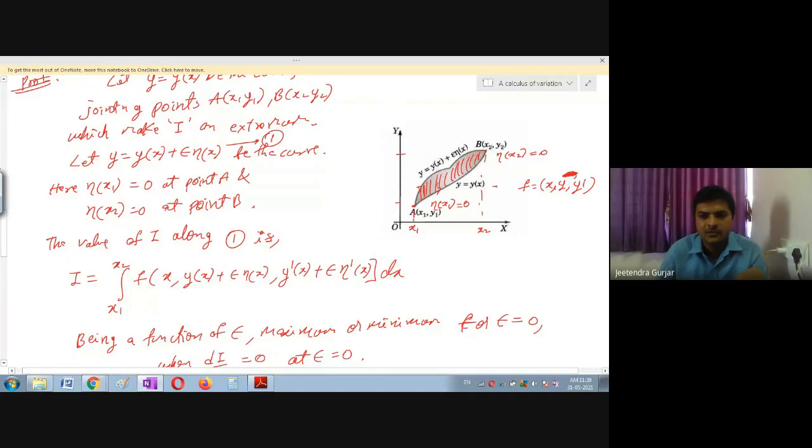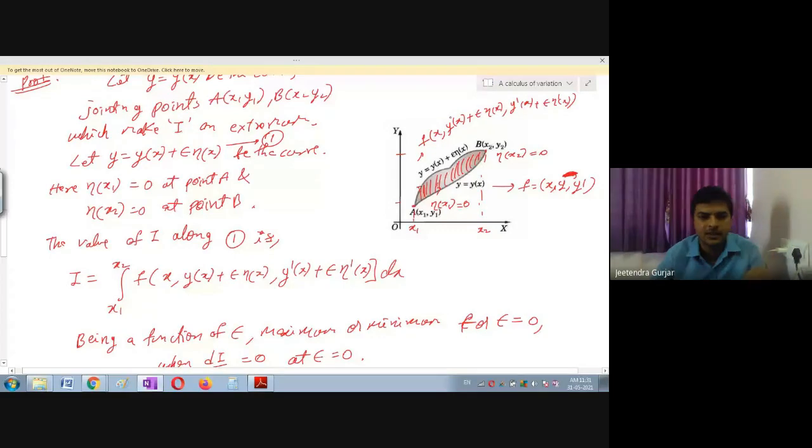For the other curve, y is equal to y of x plus epsilon nu of x, so we put that here. x remains as it is, y becomes y of x plus epsilon nu of x, and differentiating, y dash becomes y dash of x plus epsilon nu dash of x. So here we get the function.